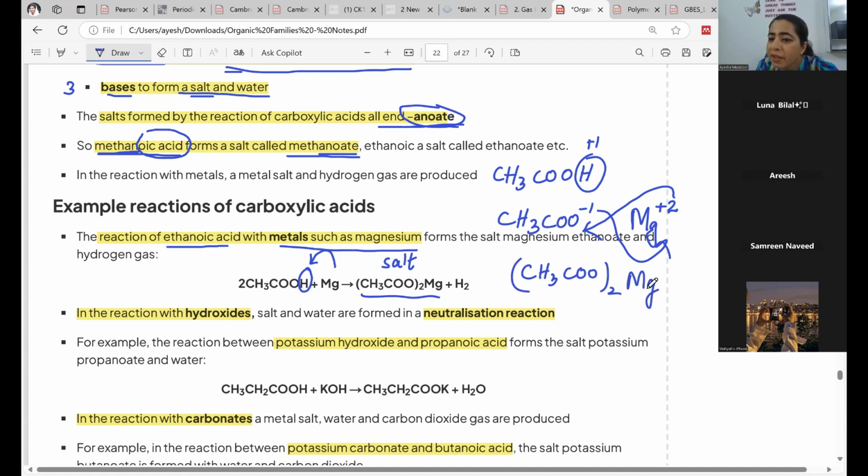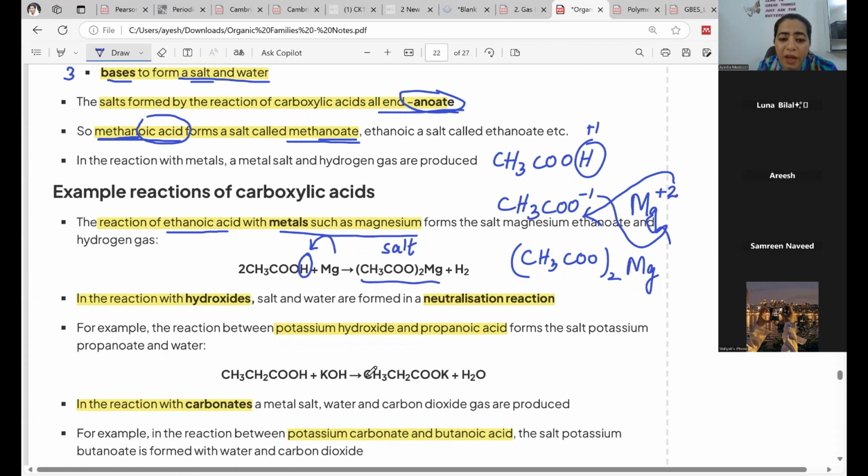It means 1 magnesium will take 2 CH3COO -1 to make this salt. That's how you get the salt formula. Again, because CH3COO is taking 1 hydrogen's place, it is -1, so 1 magnesium will take 2 of these to make the formula. According to ionic formula writing, we can easily get the formula.